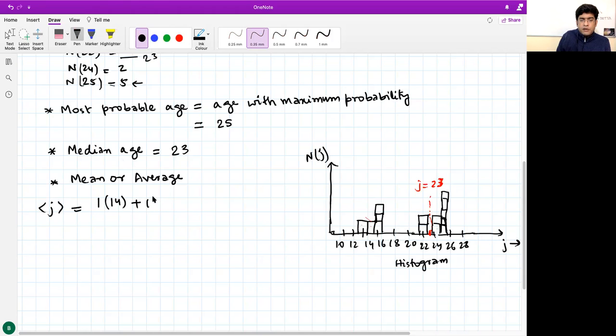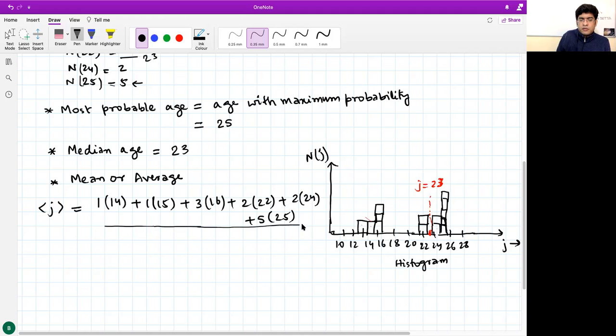So we write 1 into 15 plus 3 into 16 plus 2 into 22 plus 2 into 24 plus 5 into 25, divided by the total number of students. If you calculate it, it is equal to 21.